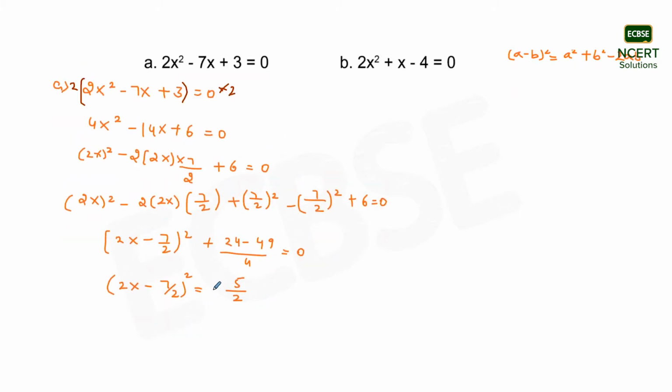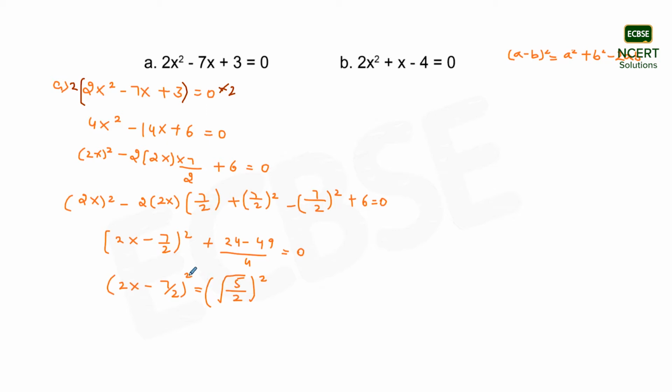But as we know, before taking the square root on both sides, just see the term 5 by 2. The term 5 by 2 can also be written as the square root of 5 by 2, whole square, as the square and root will cancel each other out, resulting in 5 by 2 only.